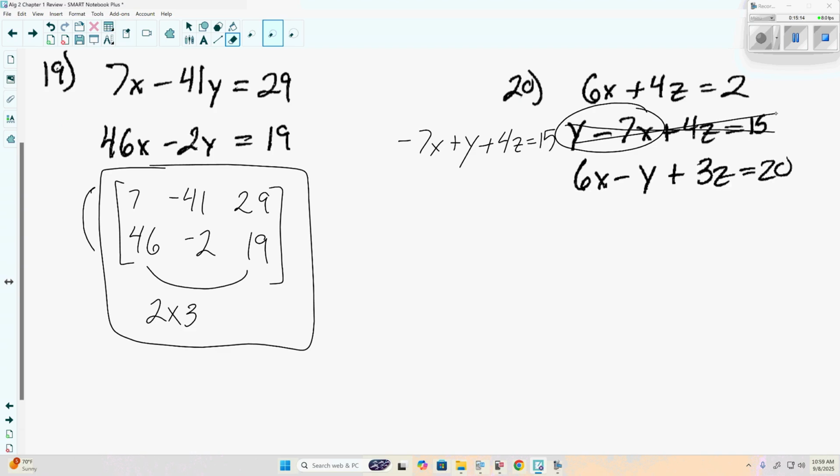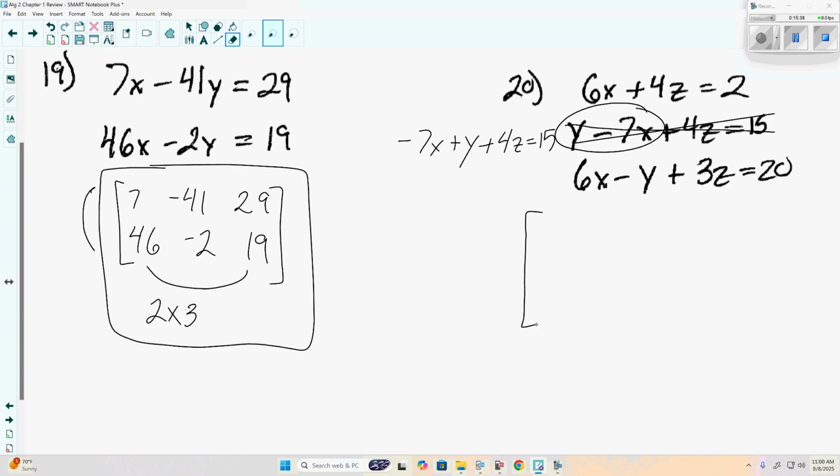Because the x is -7, we have minus 7x. The negative is going to go with the x. Since there's not a sign in front of y, it will be positive. And our last equation is in the correct order, 6x minus y plus 3z equals 20. Questions on setup before we start plugging numbers in?